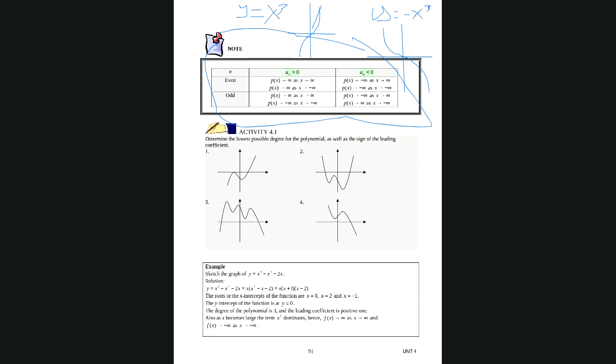Who can tell us the lowest degree of number one?